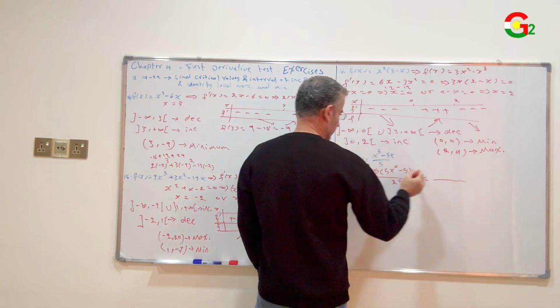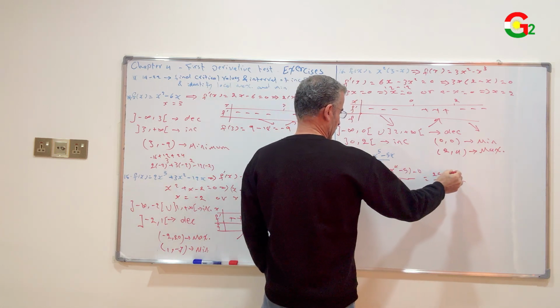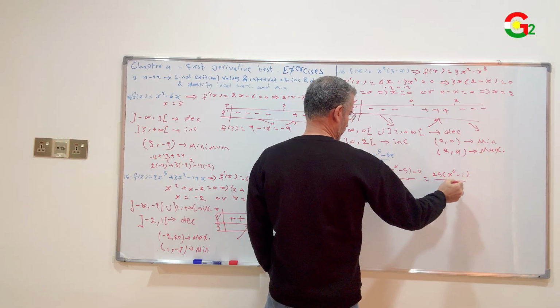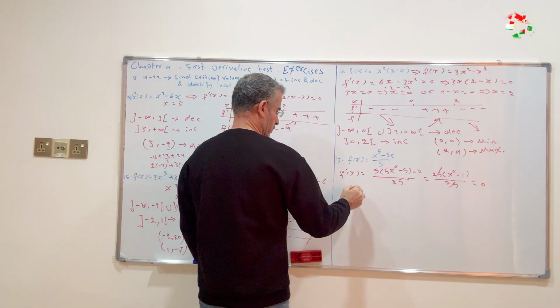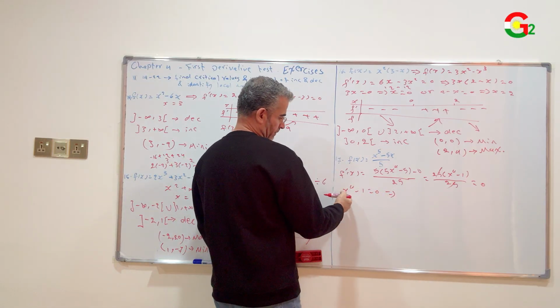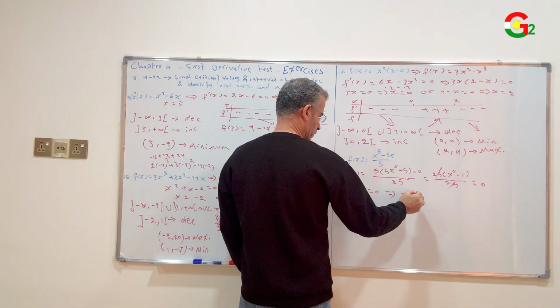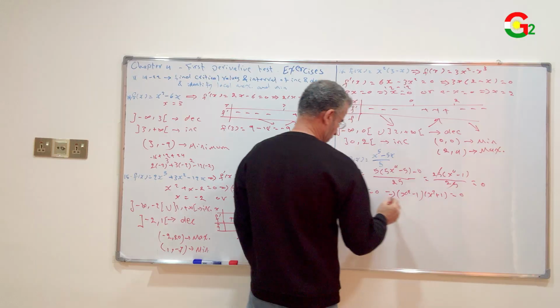Simplify this derivative, factorize also by 5, 25x to the power 4 minus 1 over 25 equals 0. Then x to the power 4 minus 1 equals 0. Open the difference of two squares, x squared minus 1, x squared plus 1 equals 0.